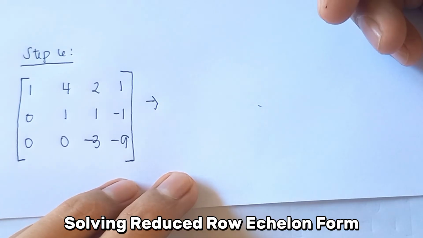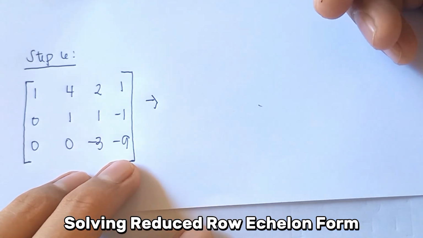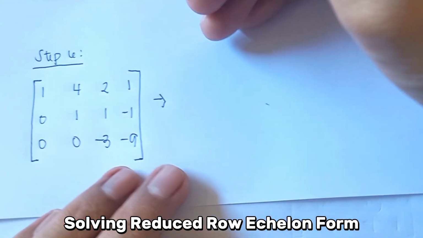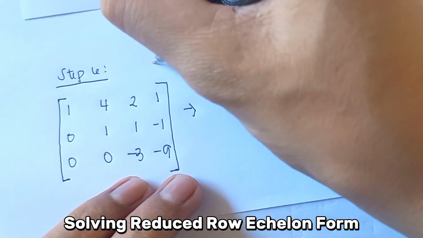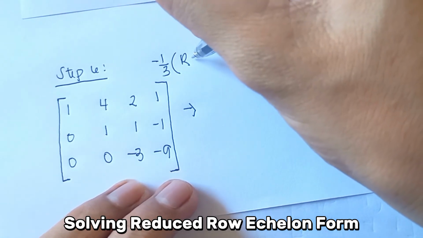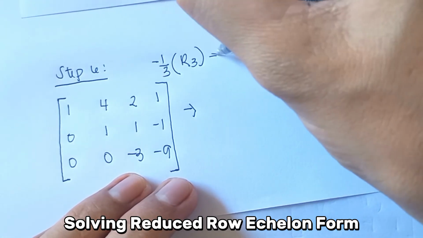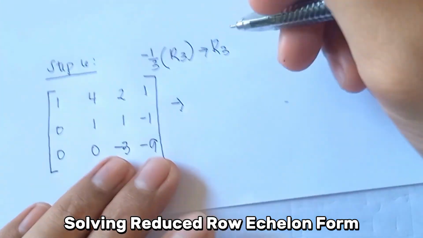So step 6. We're just going to multiply this one by negative 1/3. Negative 1/3 times row 3. This will give our new row 3.